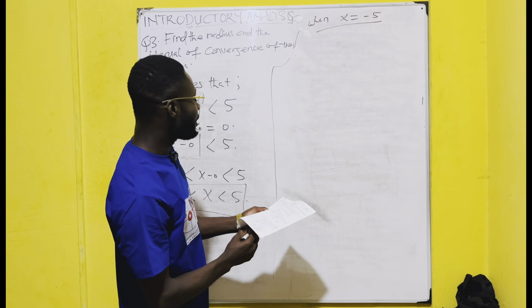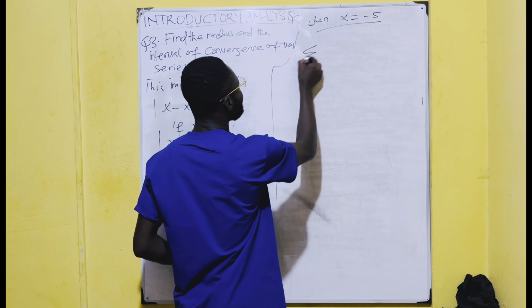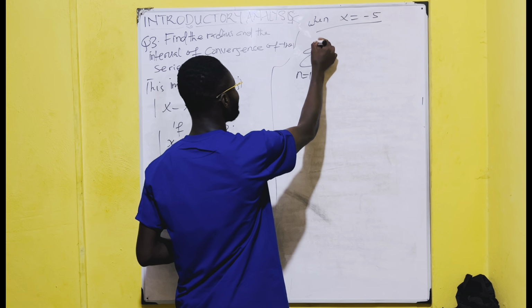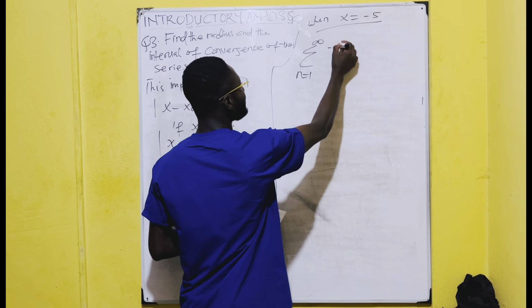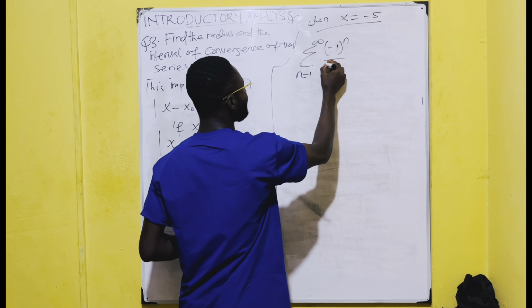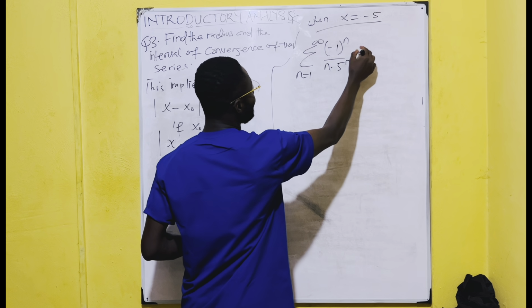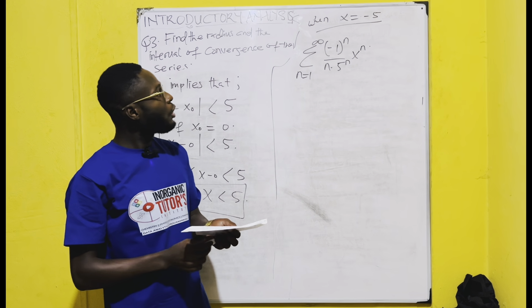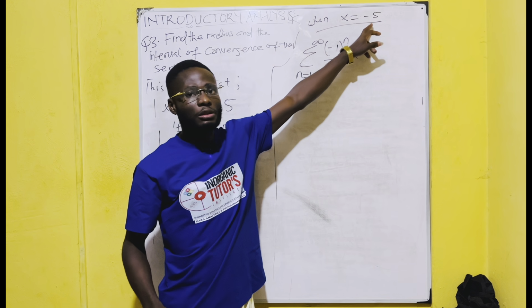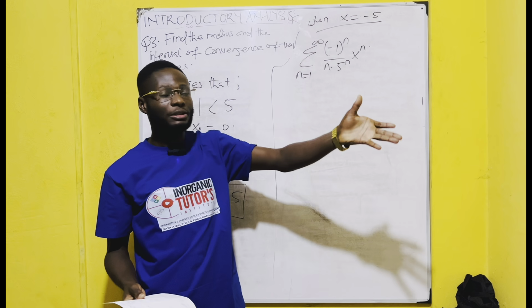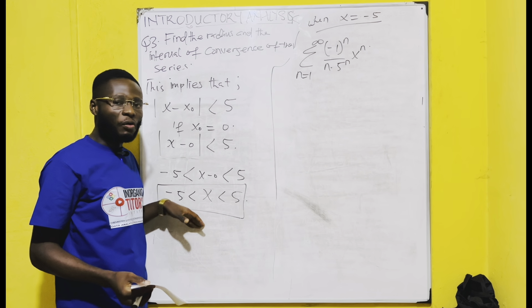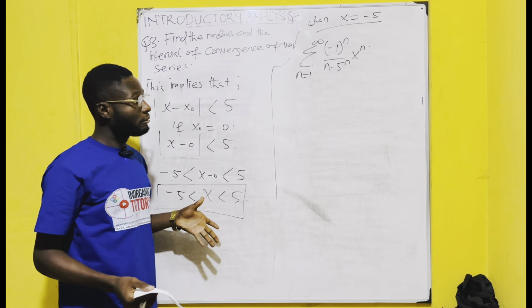So the question gave us the summation from n equals 1 to infinity of (-1) to the power n divided by n times 5 to the power n, times x to the power n. So if x is equal to -5, what will happen to the series? Are we going to have a result that will fall within this range?